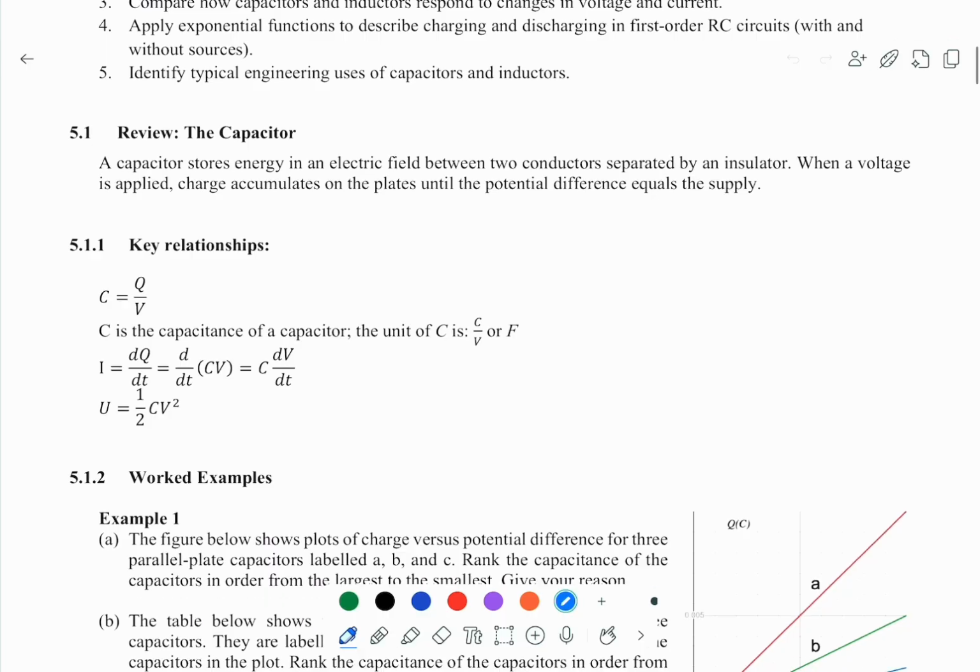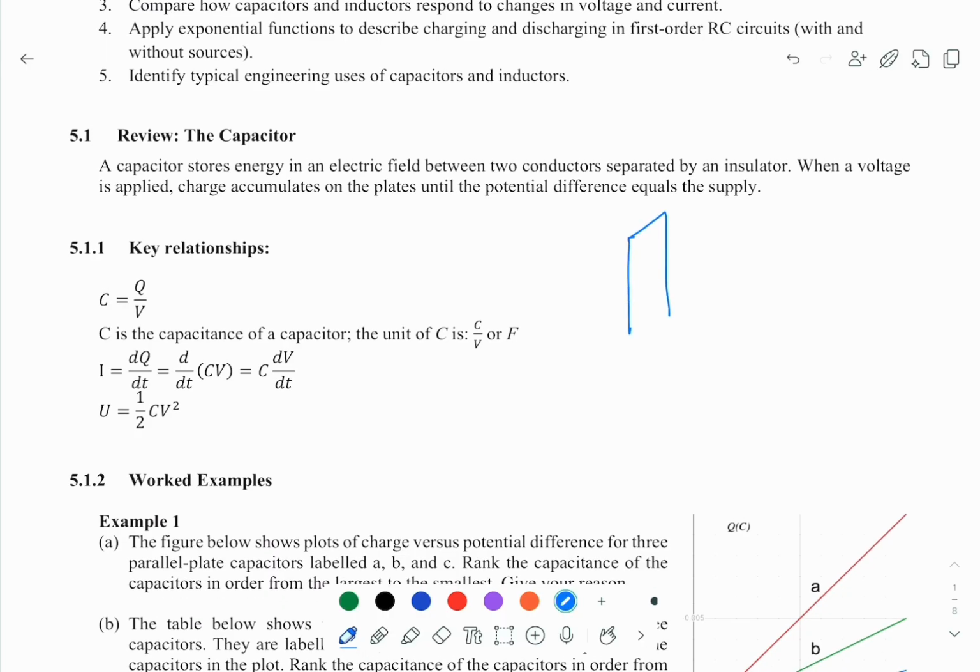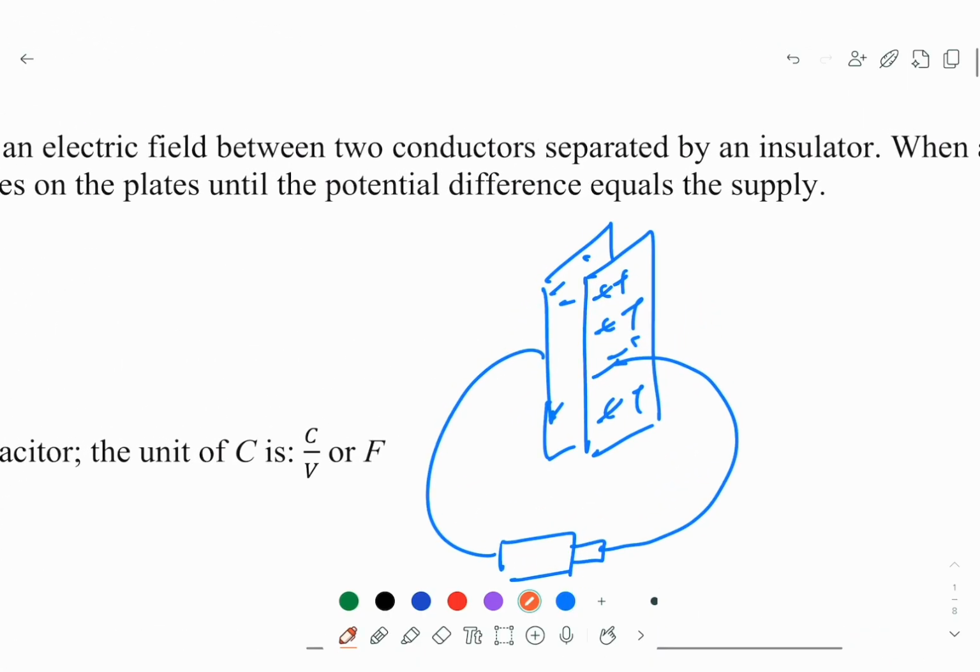A capacitor is constructed with two metal plates, and when these two metal plates connect to a voltage source, the charge will accumulate on both sides of the metal plate, and there will be an electric field developed across these two metal plates.